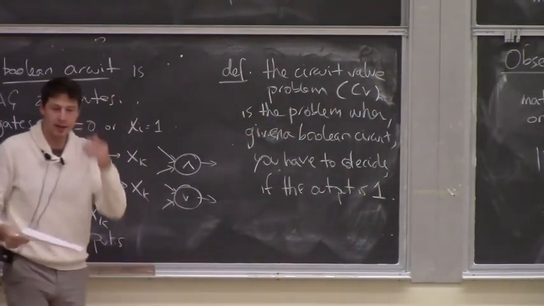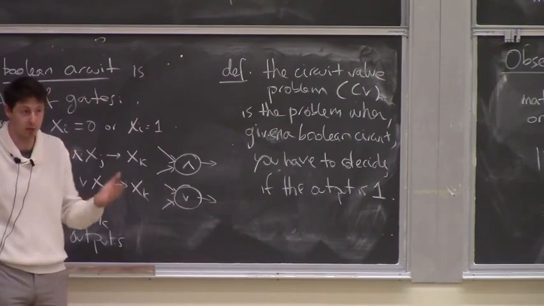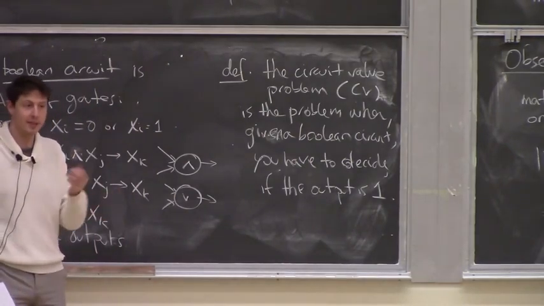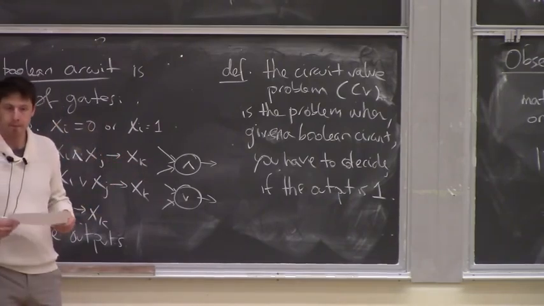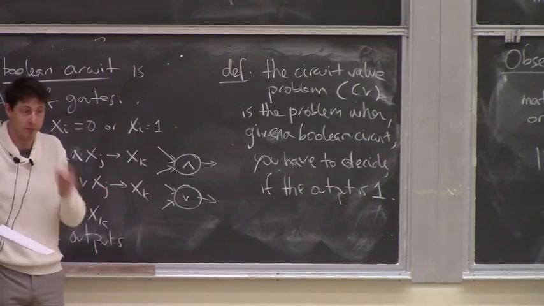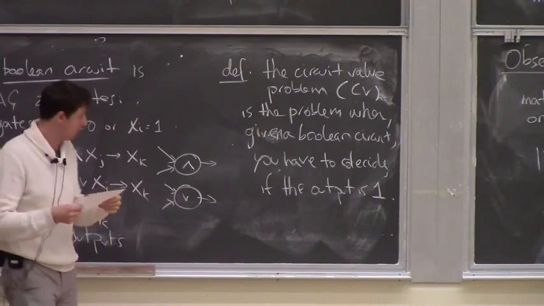Okay? So I give you a Boolean circuit. I just basically give you a directed acyclic graph labeled with all these things. And I ask you, is the output 1? And let's assume for a moment that it's just one output for now, okay? This is definitely a computational problem, right? Do you agree? All right.